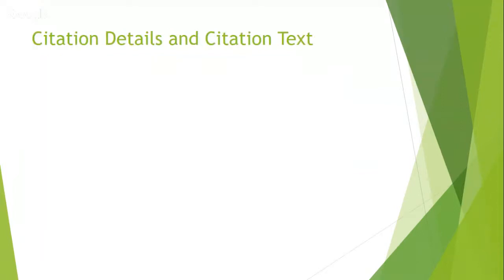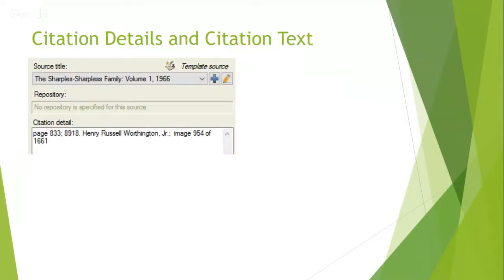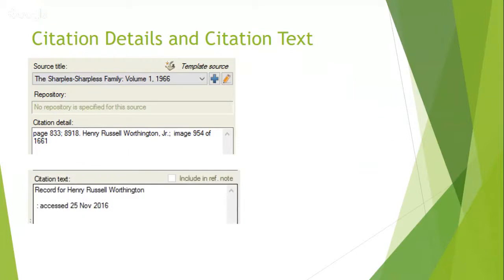When I go to the source details and source citation details field, I have this data. The source title is at the top. The citation detail is that second box, and notice there's no repository because it's on the internet, so no repository required. It just says that on page 388, there's an entry that is of interest to me that I am citing.